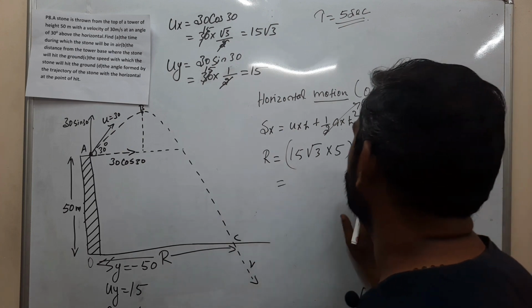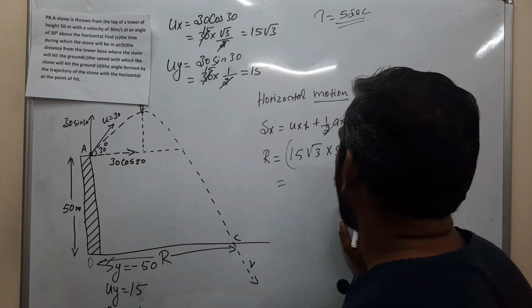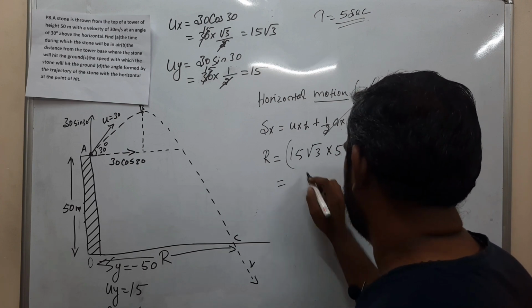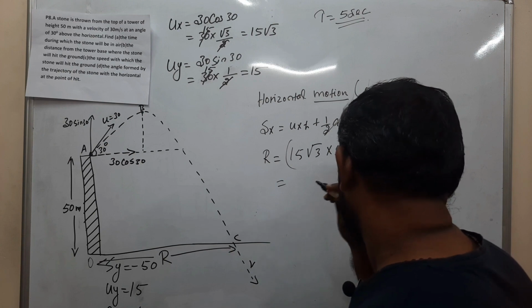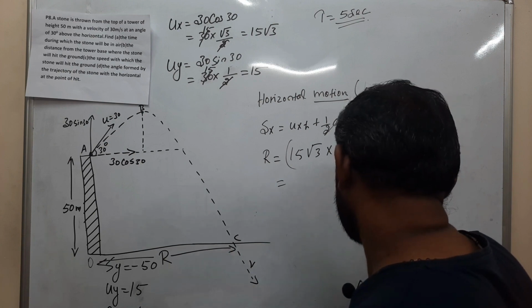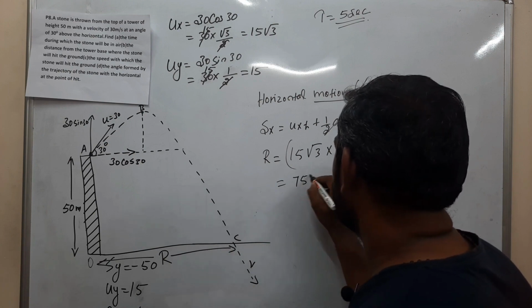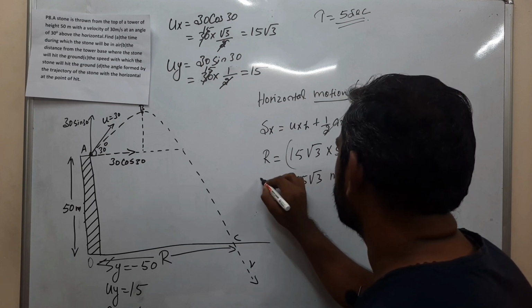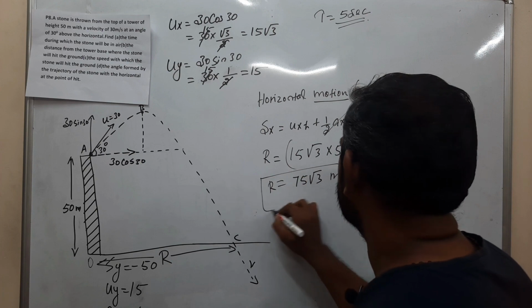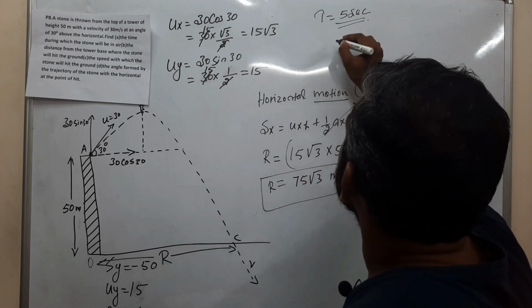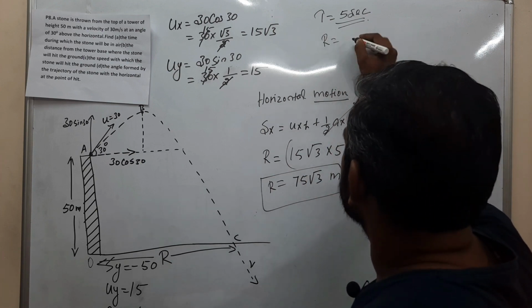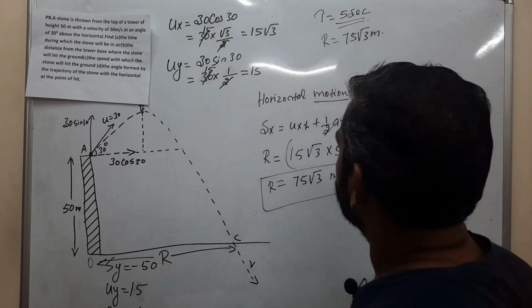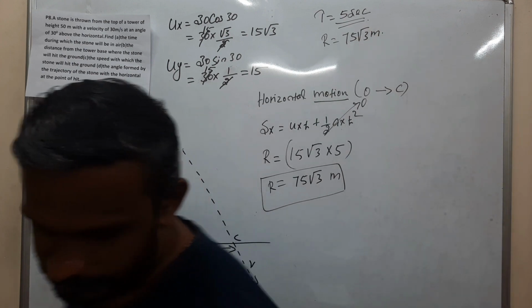So that's 15 into 5, that is 75. So 75 root 3 meter is the horizontal range R.